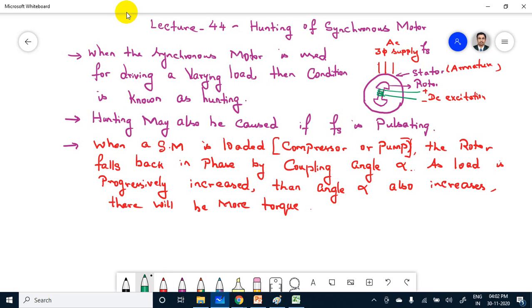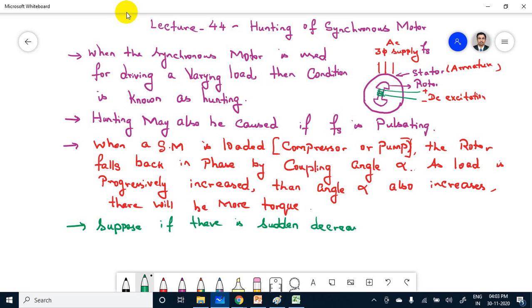The fourth point: suppose there is a sudden decrease in motor load.